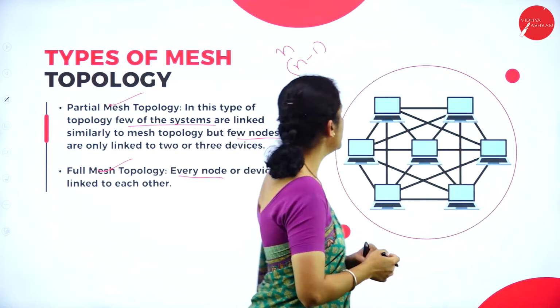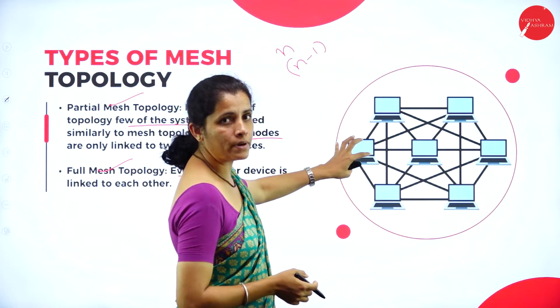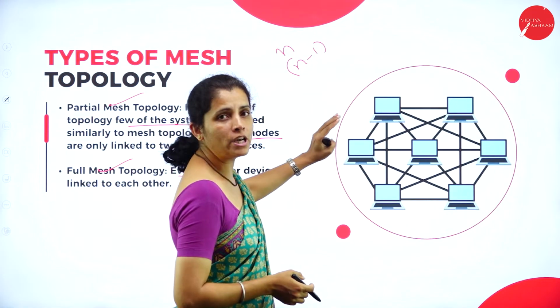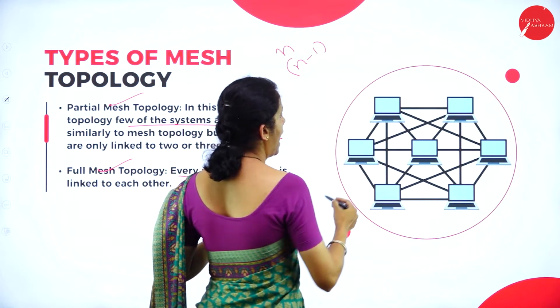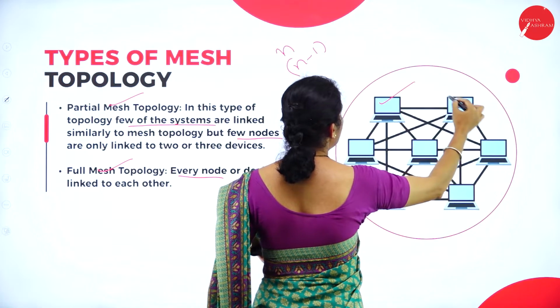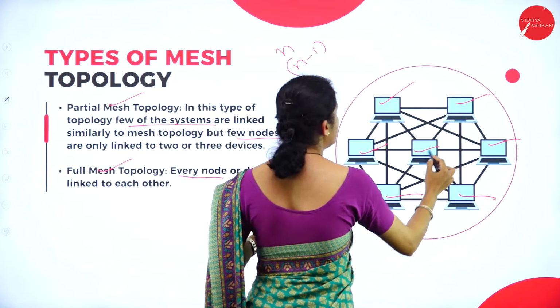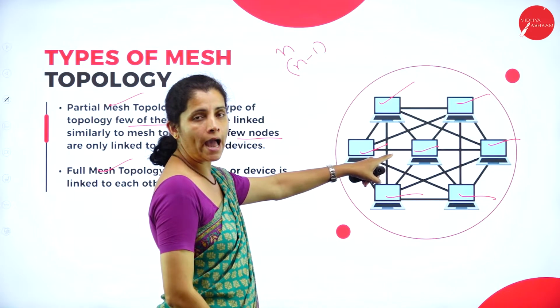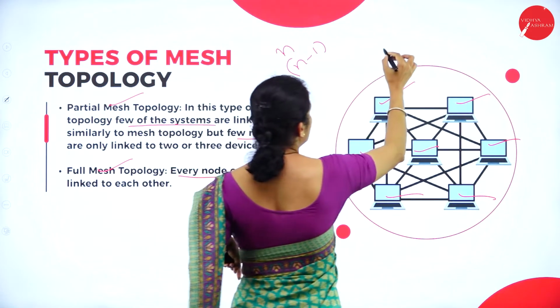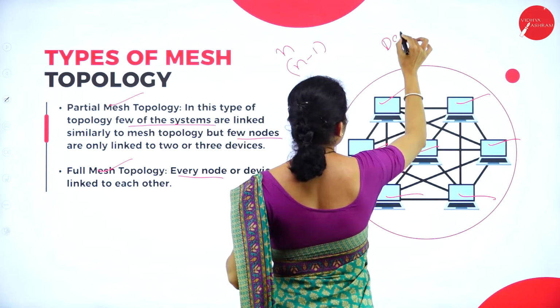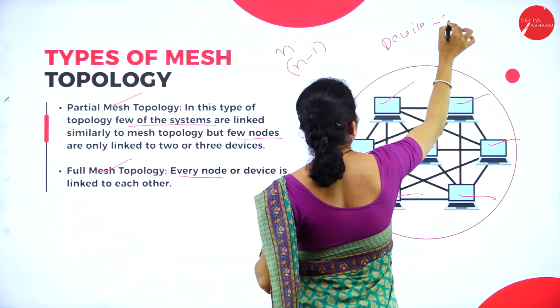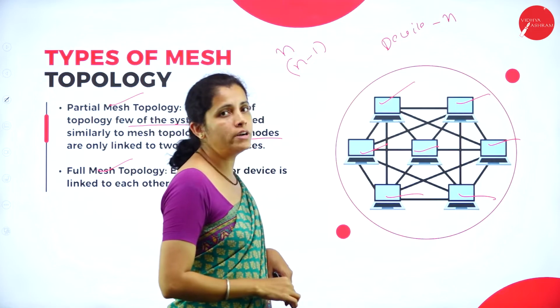So, dear student, if I consider this example, this is the example for mesh topology, and I have a total of 1, 2, 3, 4, 5, 6, 7. How many systems do I have? 7 systems. So, devices is nothing but n. Here n stands for devices.